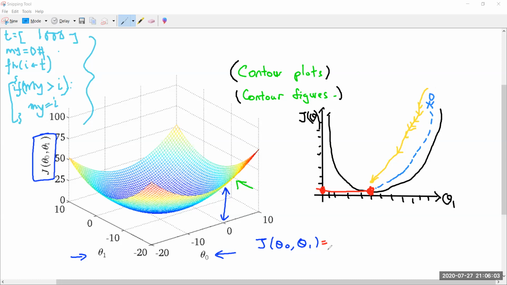If you remember the formula, it is 1 by 2m, summation of I equal to 1 to m, and then my hypothesis function, let me just write it as capital H to save time, and then I have taken a square to nullify the effect of scale. So this m in this equation is my sample size. Larger the sample size, I need to be as efficient as possible to design this algorithm.